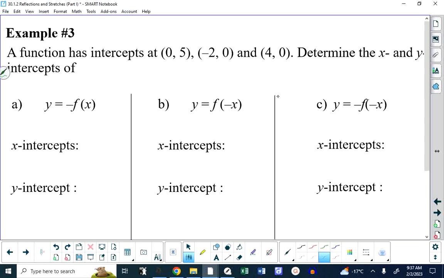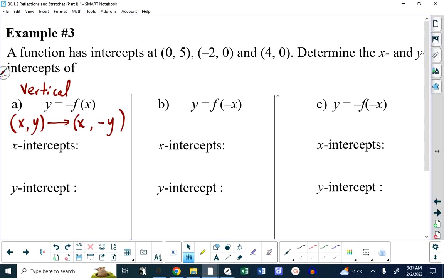You should know that this is a vertical reflection. You should know that for a vertical reflection, this is the mapping that takes place. Right?